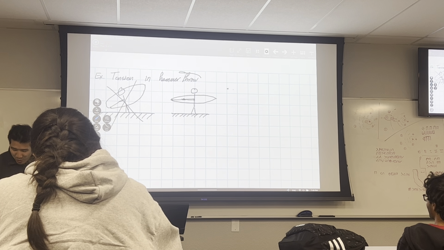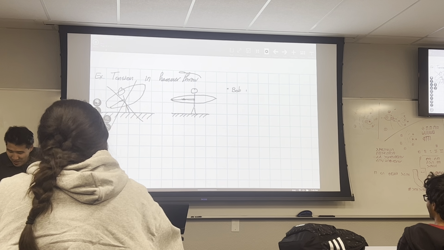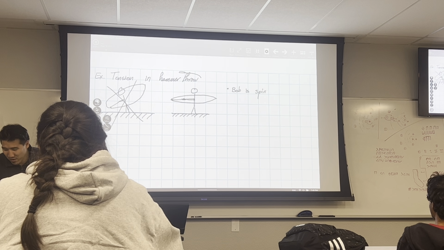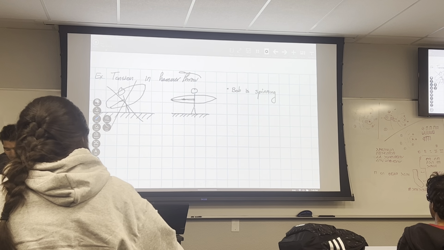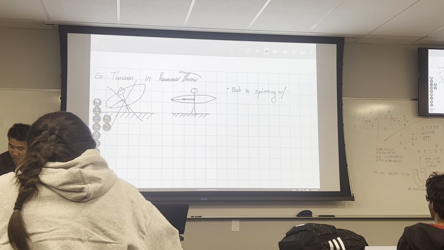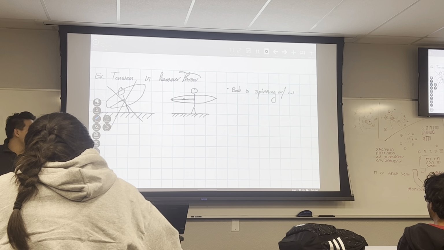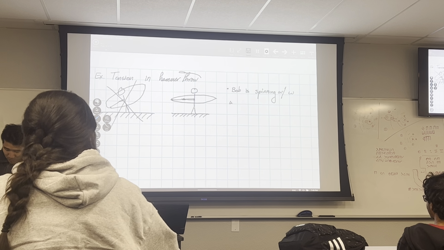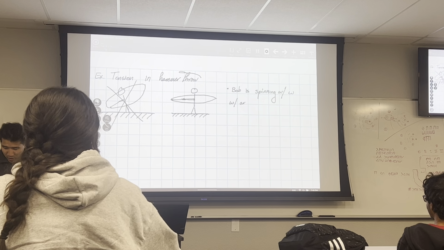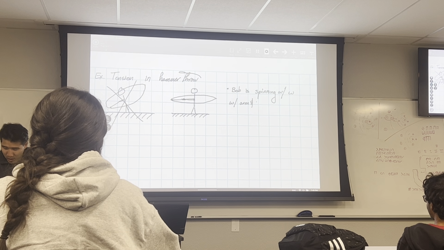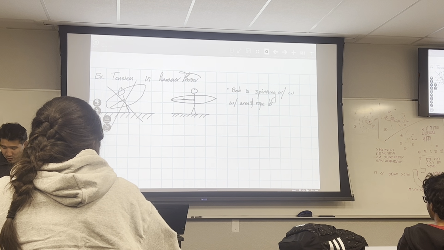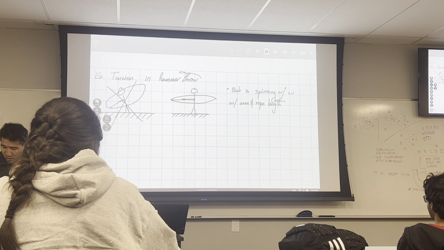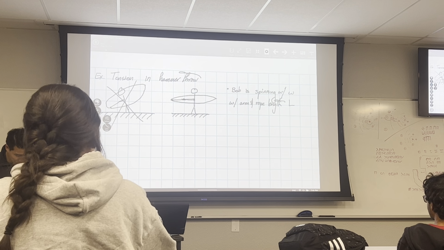So this is a scenario we'll be considering. So Bob is spinning with an angular velocity omega, with arm and rope length, we'll call it L.